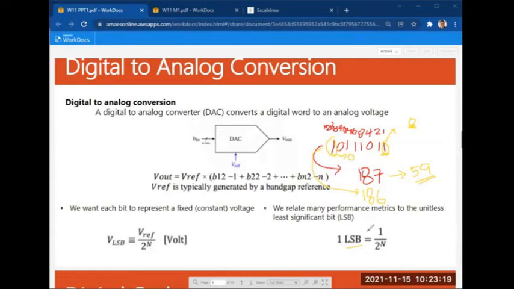Okay, so there will be conversions in which the LSB is almost rejected, but there are also conversions in which the LSB is given importance. Okay, so that's the measure of the accuracy of a converter. So anyway, let's proceed.